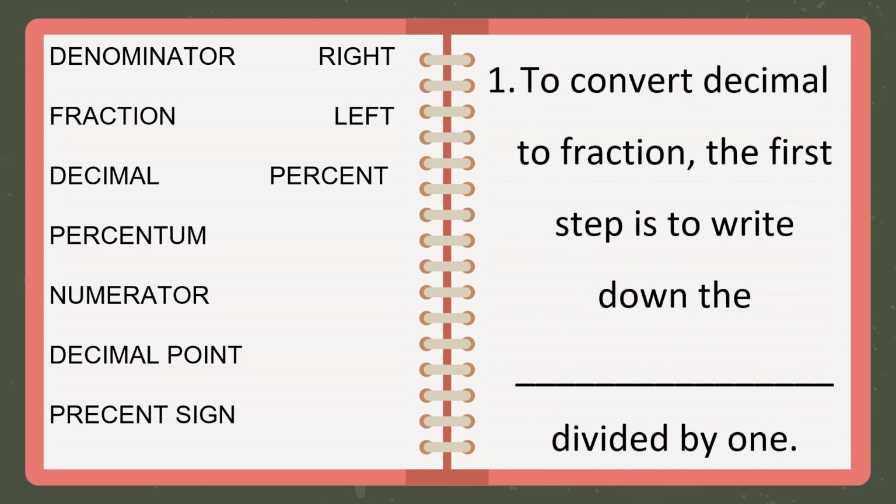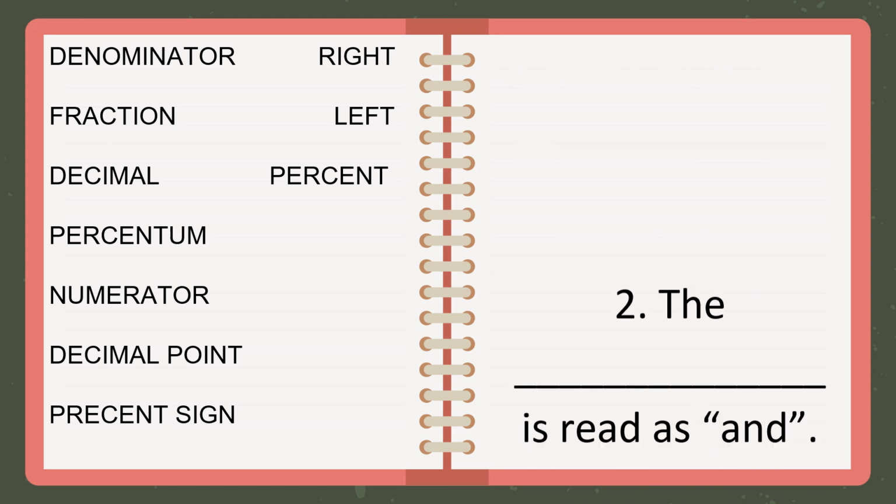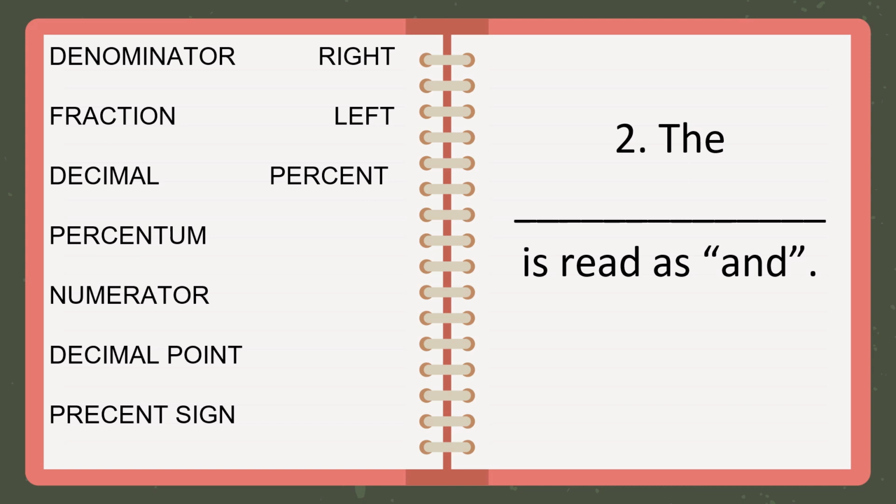Number 1. To convert decimal to fraction, the first step is to write down the blank divided by 1. Number 2. The blank is read as "and".